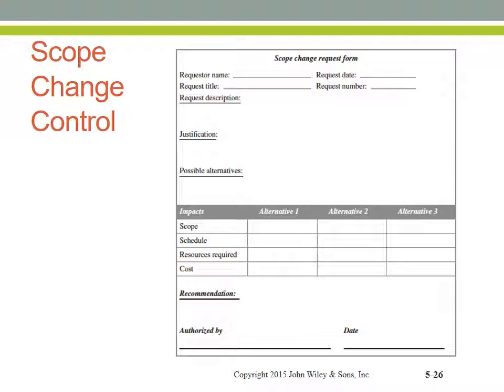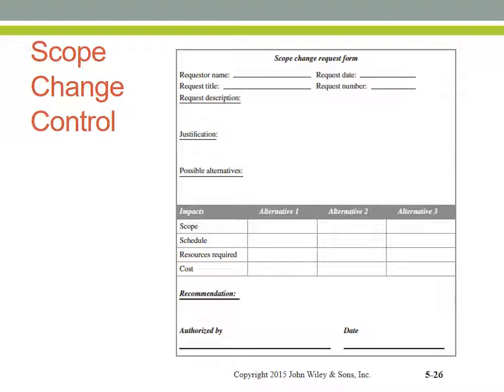As such, we need what is called a scope change request form, which is what you're seeing here, in which the impacts of any change requests on schedule, on resources required, that includes people's work time, and on project budgets are being evaluated. And then a recommendation is given.